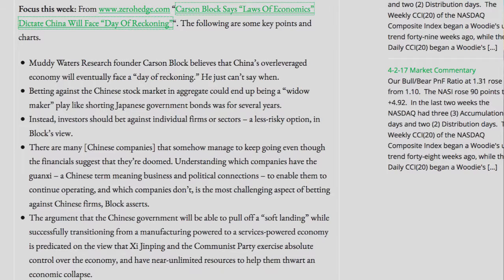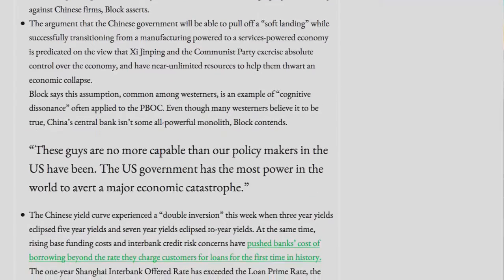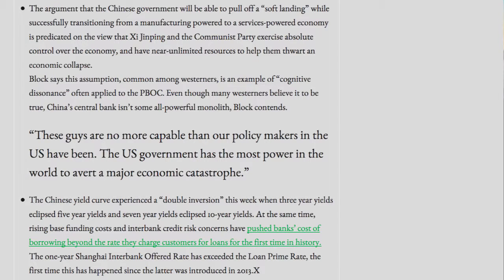The argument that the Chinese government will be able to pull off a, quote, soft landing, end quote, while successfully transitioning from a manufacturing-powered to a services-powered economy, is predicated on the view that Xi Jinping and the Communist Party exercise absolute control over the economy and have near unlimited resources to help them thwart an economic collapse.